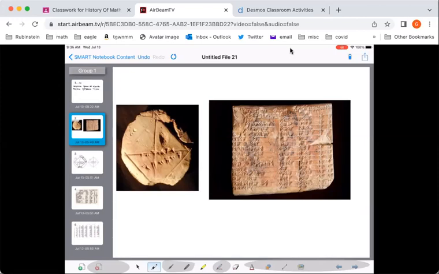The one on the left is known as YBC 7289, I think. And the one on the right is probably the first or second most famous mathematical artifact of all. It's called Plimpton 322.